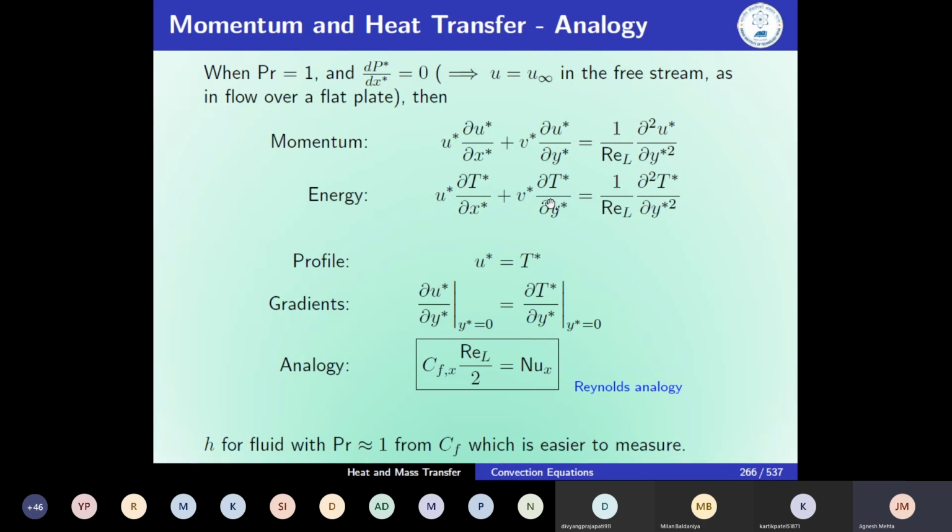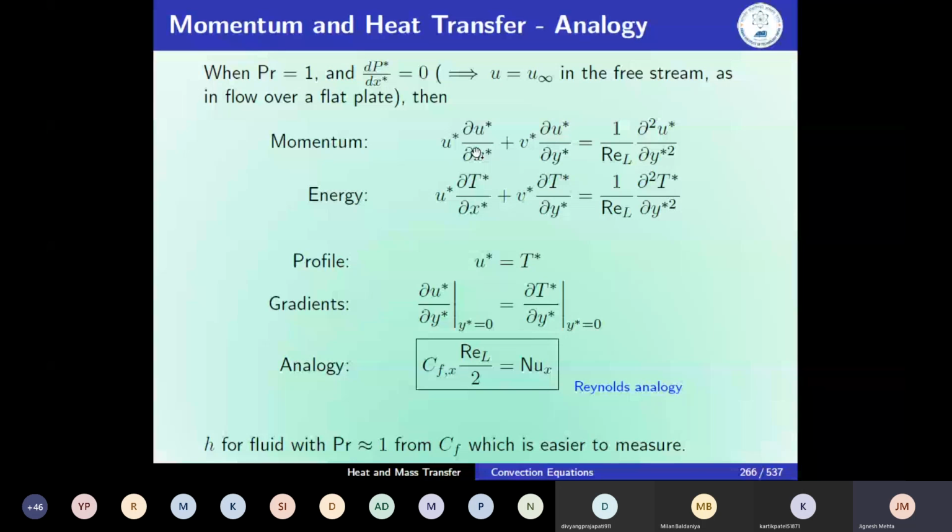Now, to reduce the effort required, in one case you want to get the friction coefficient, the empirical correlation for that, and then you also want to get it for Nusselt number, so that you can get the heat transfer coefficient. But if you can perform only one side where you get the friction coefficient, and these two, CF and Nusselt number, are related, there is analogy, similarity between these two equations.